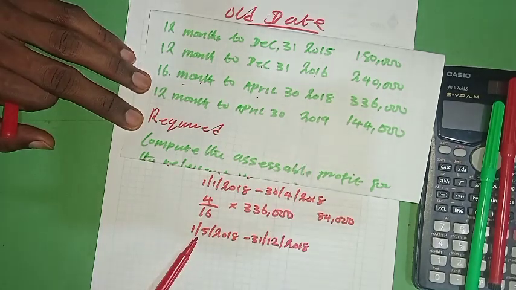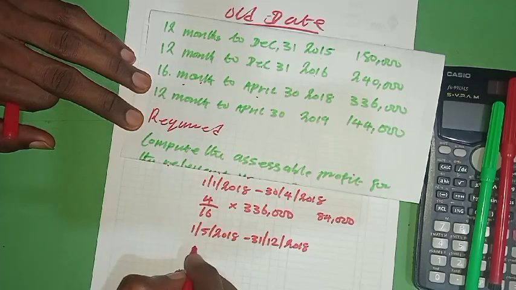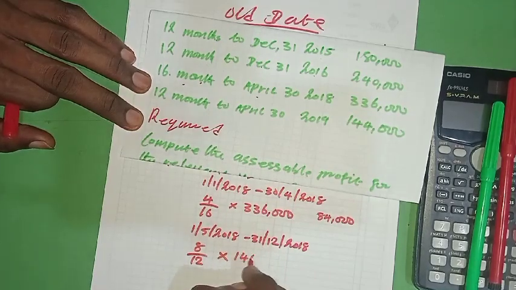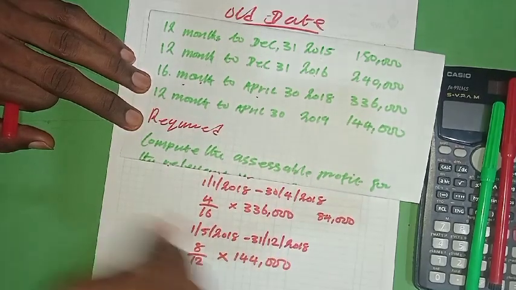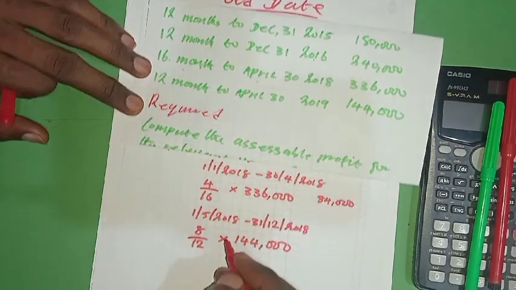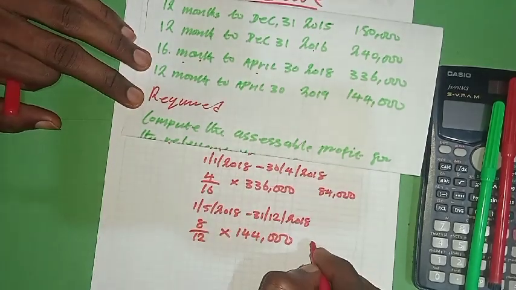And here, what are we looking for? We are looking for 1st May to December, which is how many months? 8 months. You say 8 all over 12 times 144. It will give you what? If you times it, it will give you 96,000.